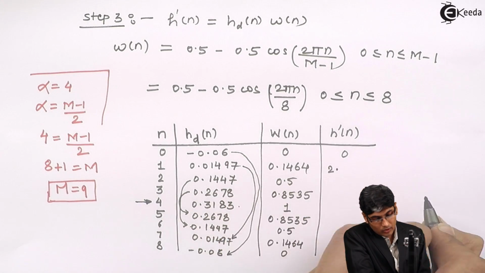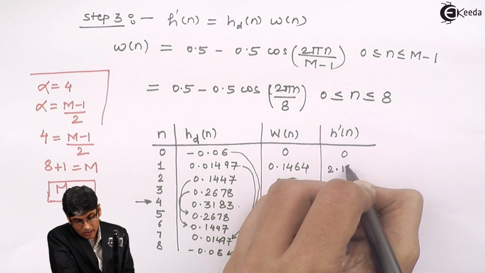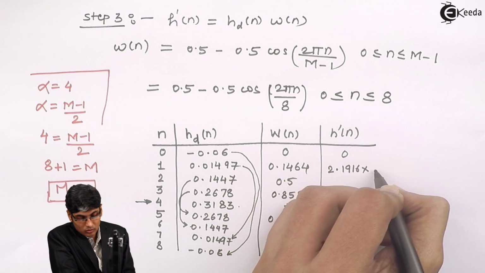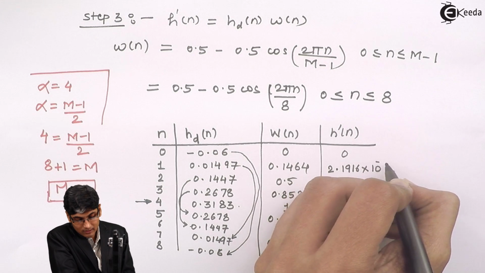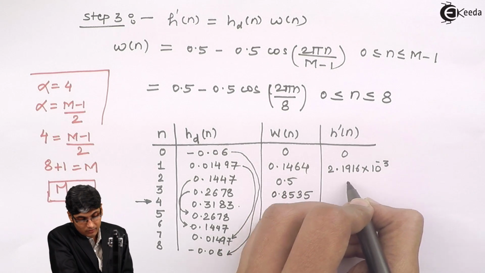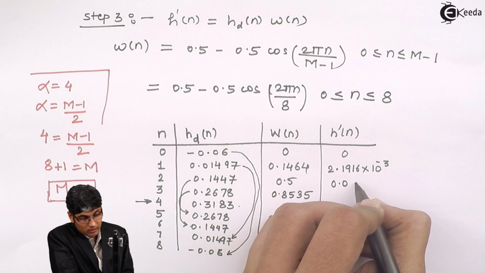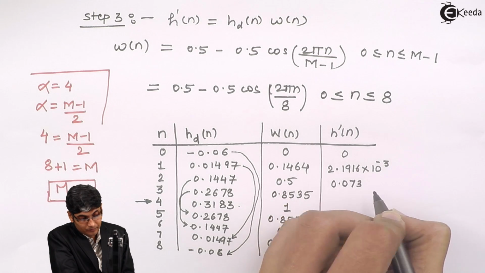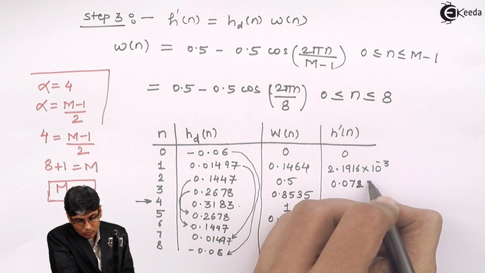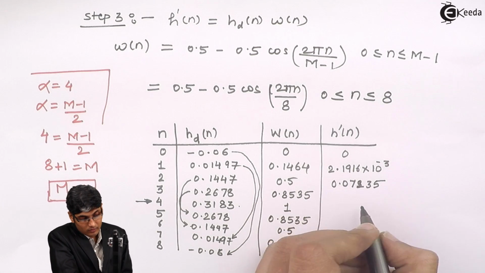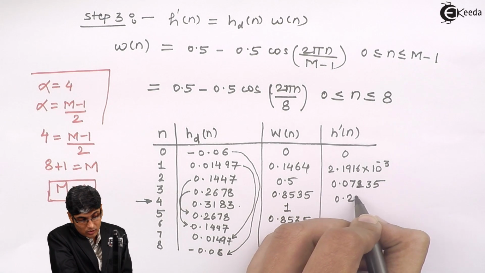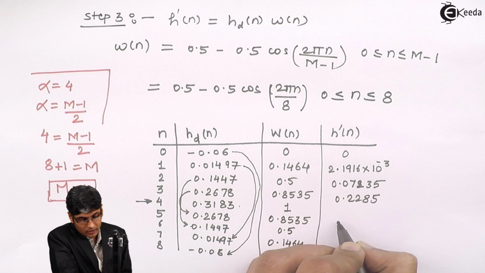Here you will get 2.1916 into 10 raised to minus 3. Then we have 0.07235. Then we have 0.2285.